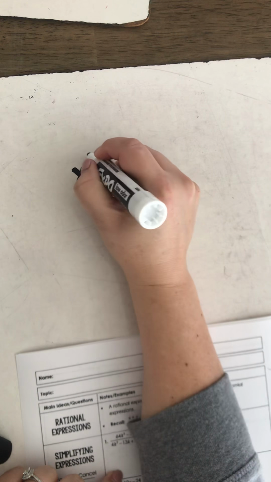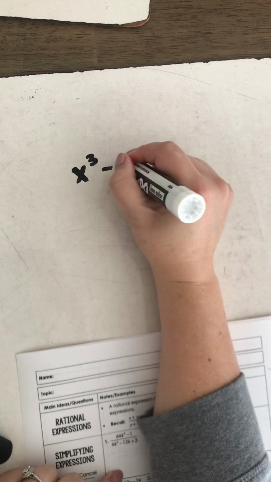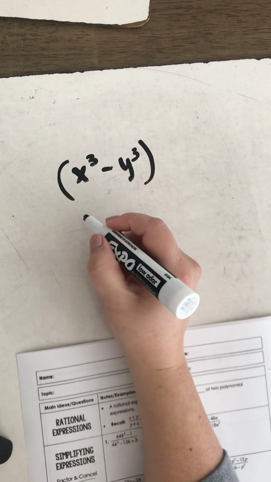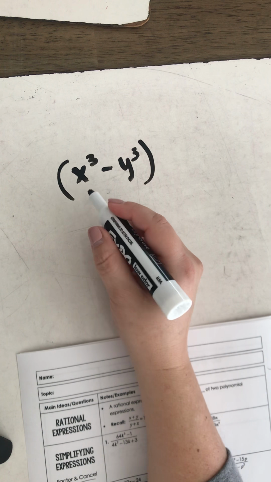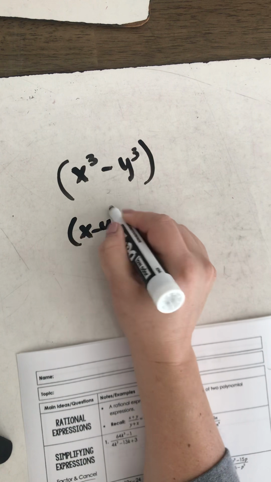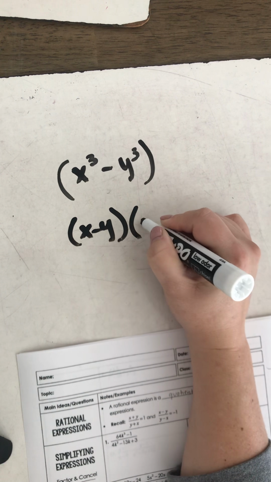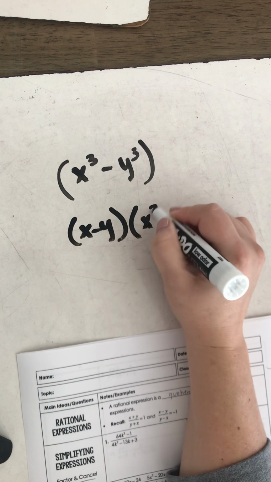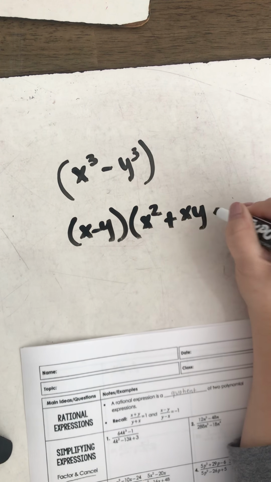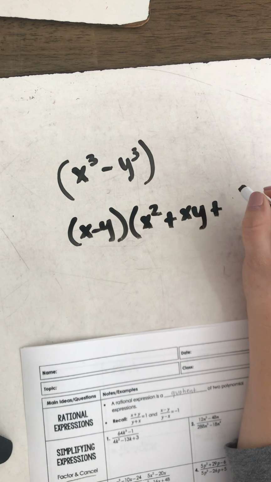We have x cubed minus y cubed, and that simplifies as (x minus y) times (x squared plus xy plus y squared).